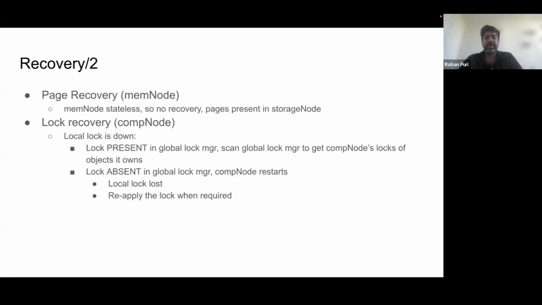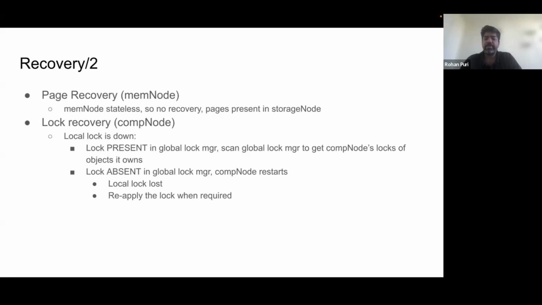So how does page recovery at the memory node happen? As the memory node is stateless, no recovery is happening, and the pages are also present in the storage node, so we are fine. How does lock recovery happen on the compute node? If the local lock is down and the lock is present in the global lock manager, which is there at the memory node, same logic: go to the global lock manager and get the information from there.